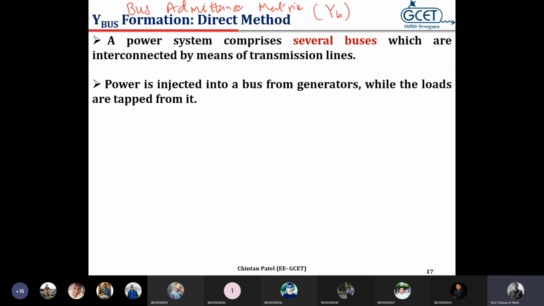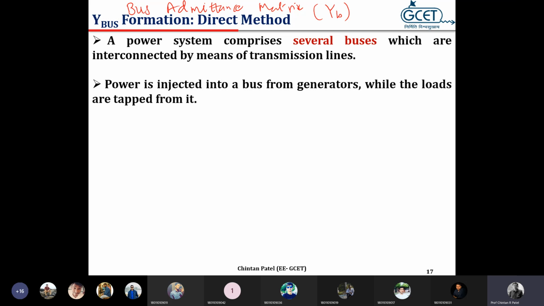In a transmission line, the power flows from the node where the generator is connected to the node where the load is connected. And it is essential to understand in which manner all these things are connected, that is, generator with bus and load with bus, various buses with each other, in which manner the entire power system is connected.